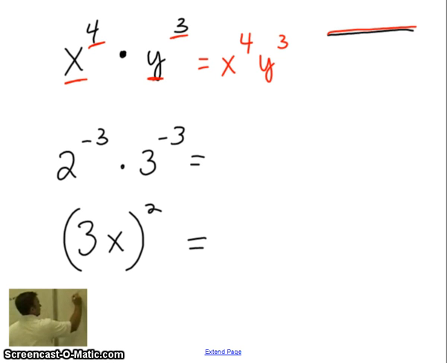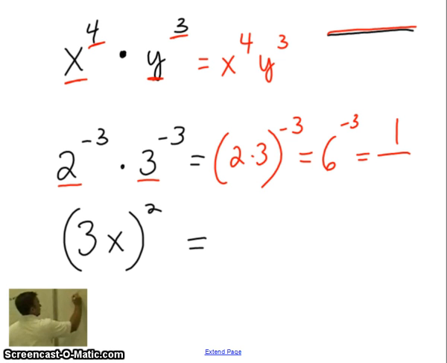Next one, 2 to the negative third and 3 to the negative third. Well, we can multiply the two bases, 2 and 3, and the exponent will be the same for both. 2 times 3 is 6, so 6 to the negative third. And we know that's 1 over 6 to the third because of the negative power property.